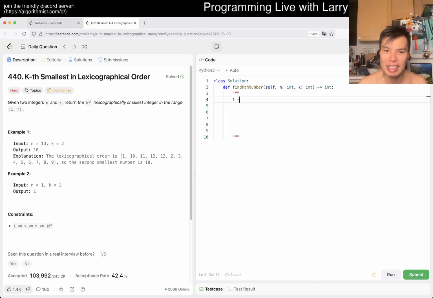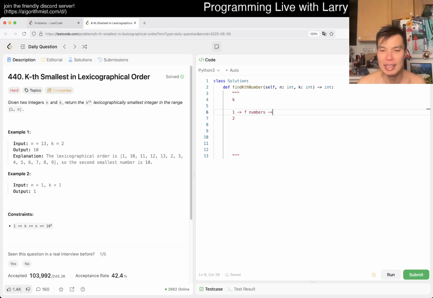And given k is equal to some number k, well, if the first digit is a 1, that means now you count all the possible numbers that start with 1. So basically all the numbers that are before 2, in a way. And now, you know that this gives you, let's just say, f numbers.